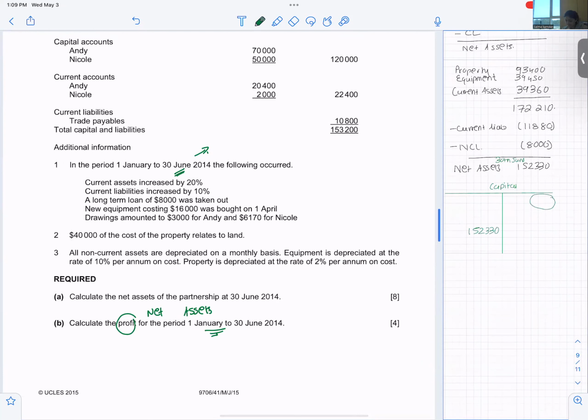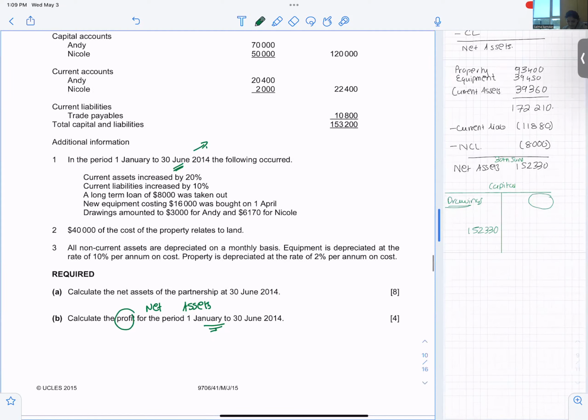Calculate the opening capital. And you have drawings also. What is your total drawings? 3,000 for Andy and 6,170 for Nicole. So 3,000 plus 6,170, this is 9,170.